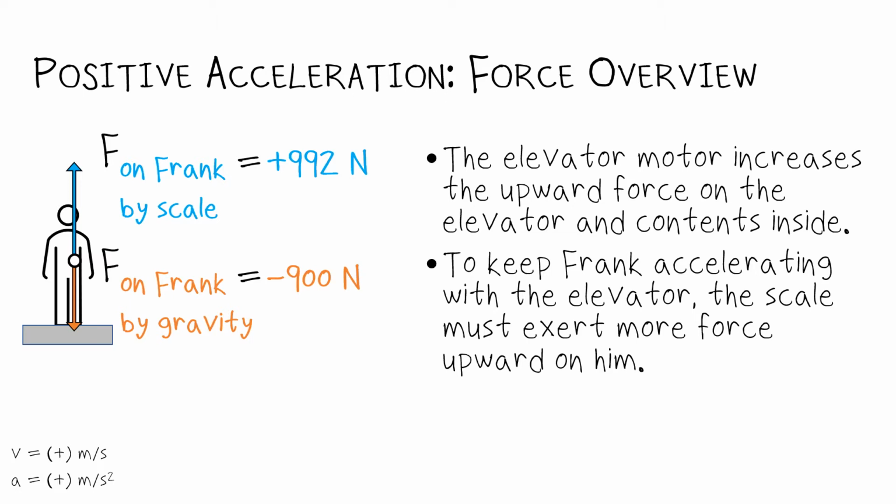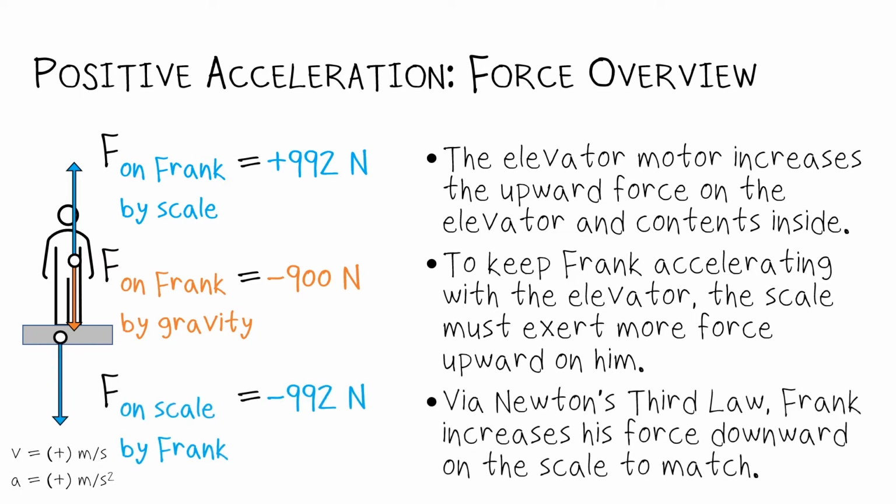That's required if he's going to accelerate upward. And Newton's third law tells us that if the scale is showing a reading upward of 992 newtons on Frank, then Frank must be also pushing down on the scale with 992 newtons.